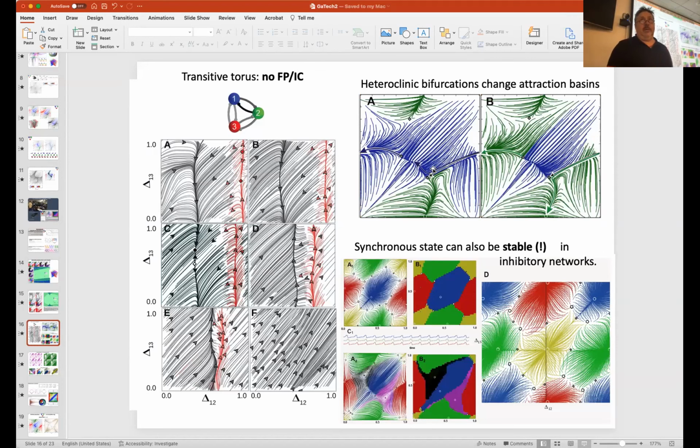When I say local, I mean saddle node bifurcations and other things like an invariant circle that corresponds to a torus bifurcation. And we had a challenge in the lab to create a configuration of the network where you don't have any fixed point whatsoever. Which means you get rid of each fixed point one by one by manipulating the connections.